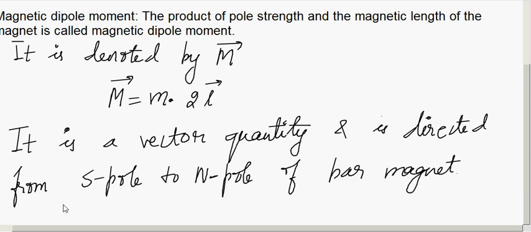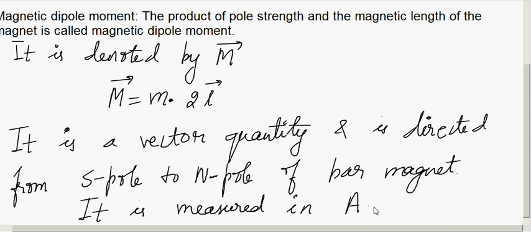Its unit is ampere meter square. It is measured in ampere meter square, because we know the pole strength is measured in ampere meter and 2L the unit is meter, so you get ampere meter square.